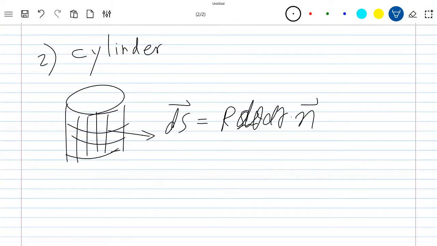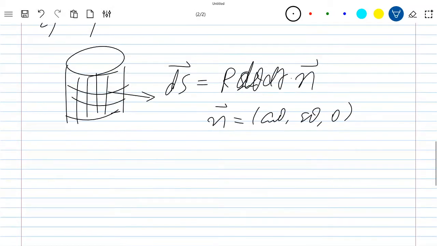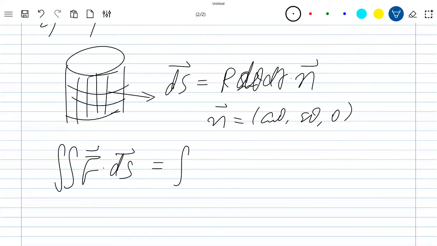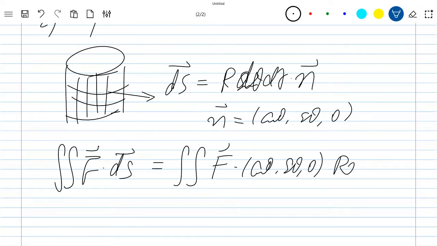So n is just cosine θ, sine θ, 0, right? So when you integrate that, you can just change to F dot cosine θ, sine θ, 0, then r dθ dz.